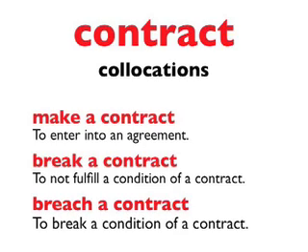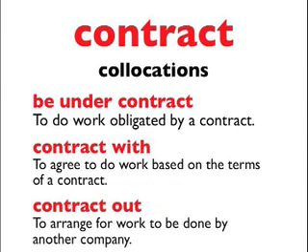We can make a contract, break a contract, and be under contract. We can also use contract as a verb, as in contract with another party, meaning to enter into a legal agreement. Or we can contract work out, meaning to arrange for work to be done by another company. For example, to cut costs, many companies have contracted out business operations to offshore companies.